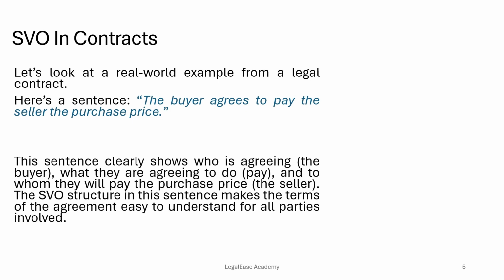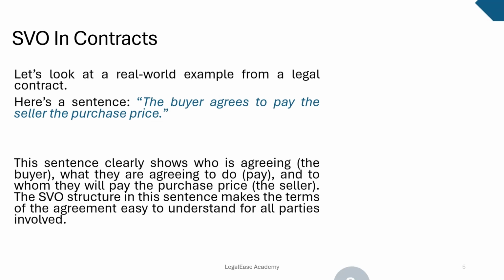So this sentence clearly shows who is agreeing, that is the buyer, what they are agreeing to, they are agreeing to pay, and to whom they will pay the purchase price. The subject-verb-object structure in this sentence makes the terms of the agreement very easy to understand for everybody involved.